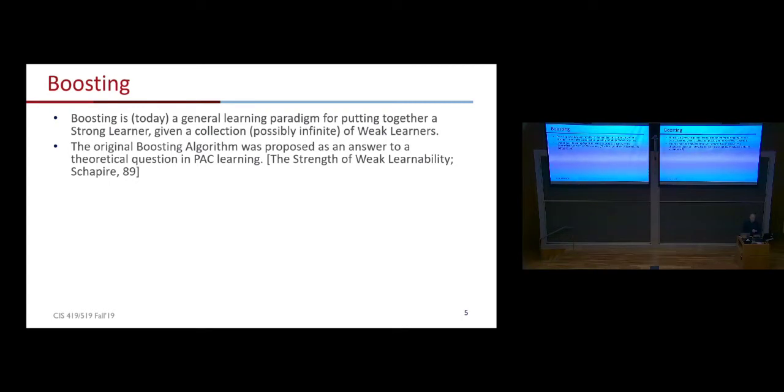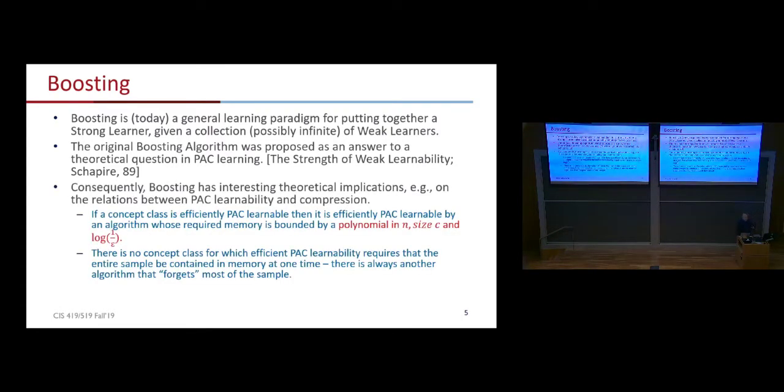The Strength of Weak Learnability by Rob Schapire. And really, this theory resulted in a lot of very interesting results and a deeper understanding of learning beyond just this algorithm. I'm not going to go into these details. You can look at the original paper if you're interested.